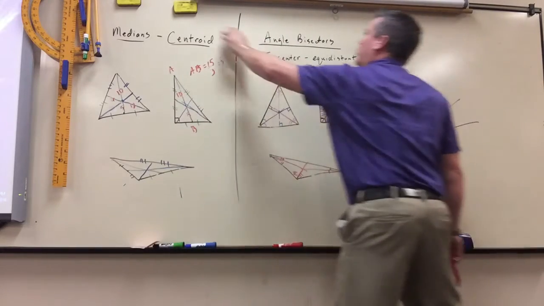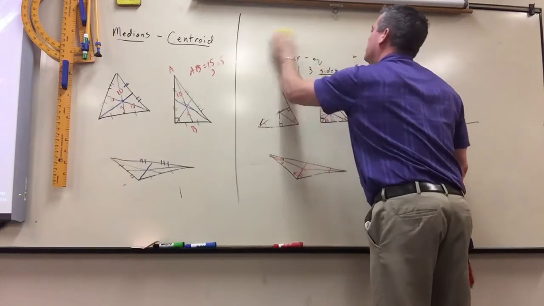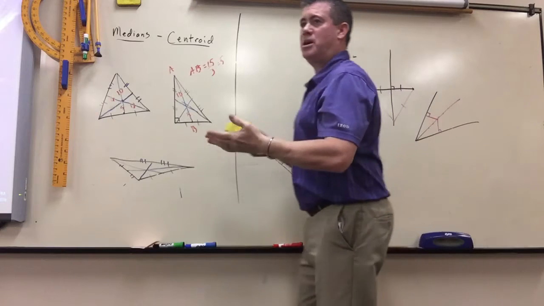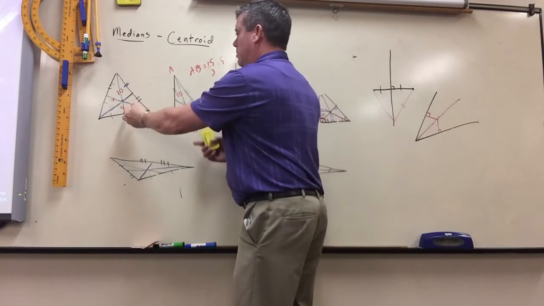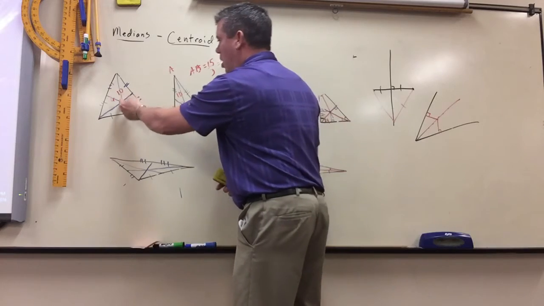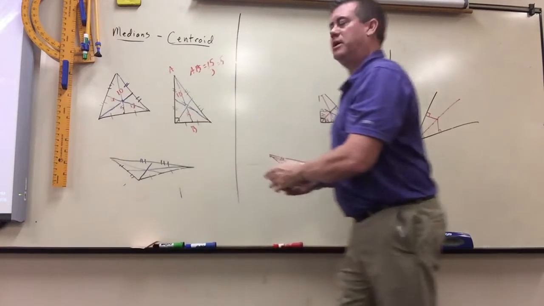And then the last one is the most useless one, the altitudes. And again, the sometimes, always, never questions. They would say is the centroid sometimes, always, never. It's always inside no matter the triangle.